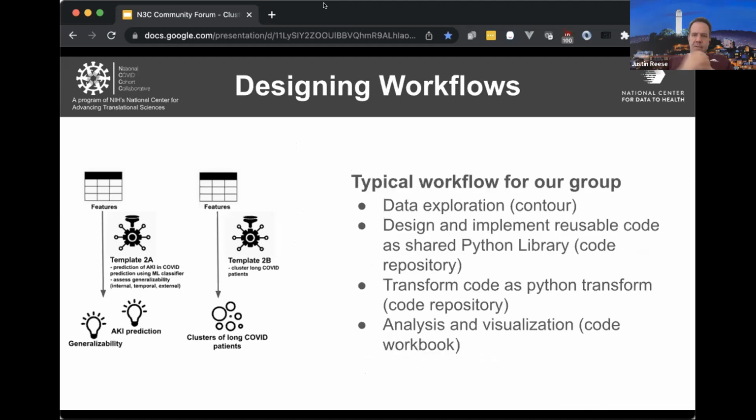The typical workflow that we've used in our group, which I wanted to share, is to do data exploration in Contour, as a group, then take a hard look at what reusable code you're going to need to make, and design and implement that code as a shared Python library, if that's possible. That requires you using a code repository. Then write the transform code also in a code repository, and then do the analysis and visualization in a code workbook.